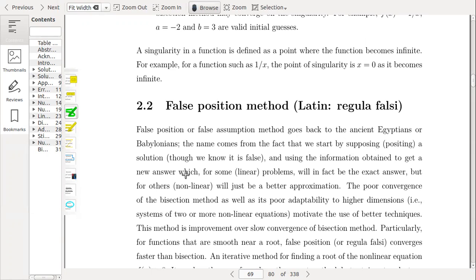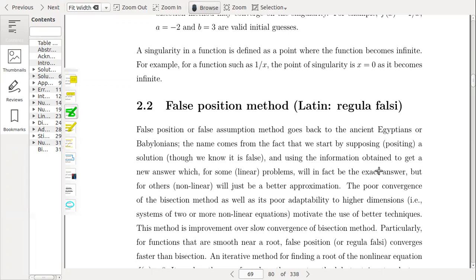The name comes from the fact that we start by supposing a solution we know is false. So this method is based on trial and error. We suppose that this is the solution, but we see that actually it is not the solution, but an error. So that's why it's called the false position method.